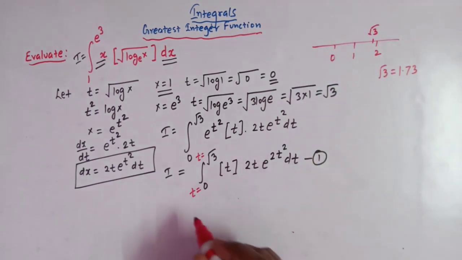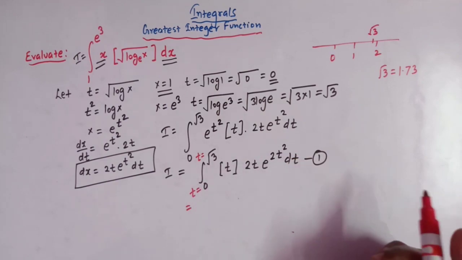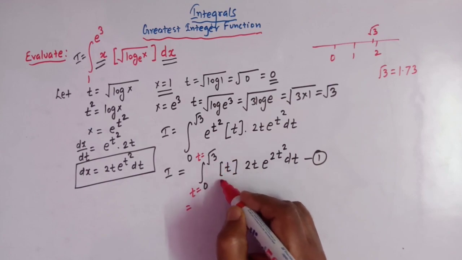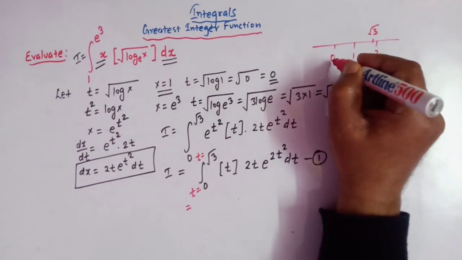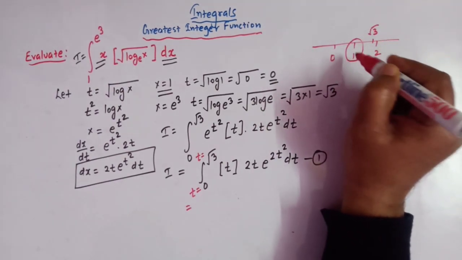Now we'll break this integral as a sum of two integrals, because the greatest integer function is involved, and whenever we come across the greatest integer function, we always search for integers. Between 0 and square root of 3 we have the integer 1.